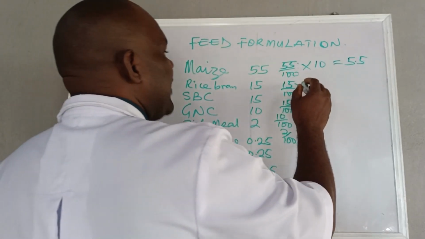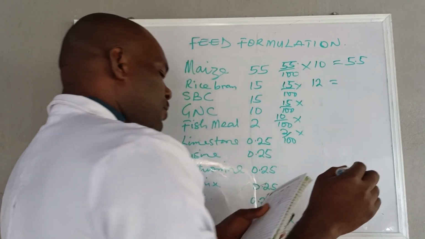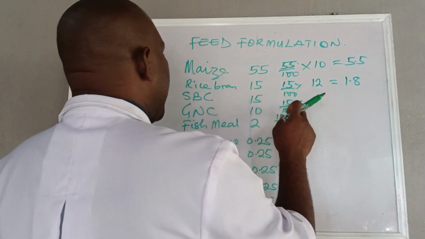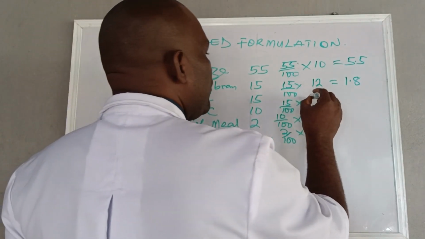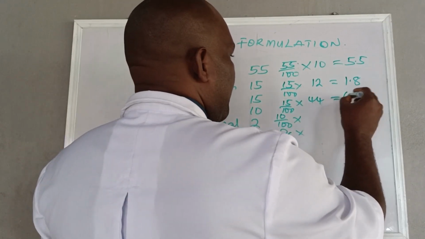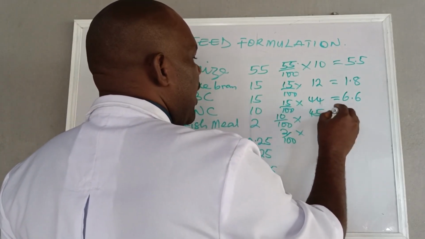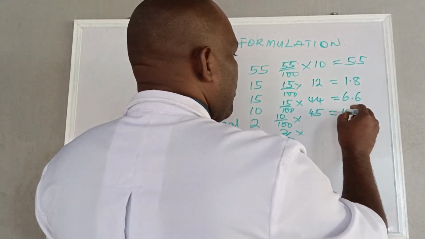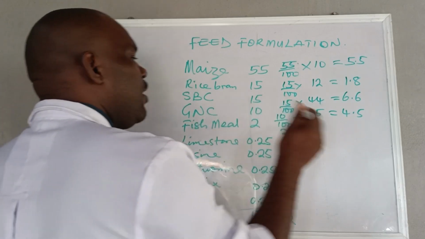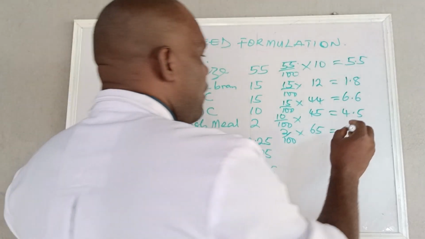Then 15 over 100 times the protein value of rice bran, which is 12, gives 1.8. And 15 over 100 times the protein value of soya bean cake, which is 44, gives 6.6. 10 over 100 times the protein value of groundnut cake, which is 45, gives 4.5. Then 2 over 100 times the protein value of fish meal, which is 65, gives 1.3.